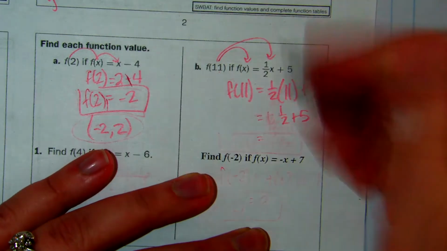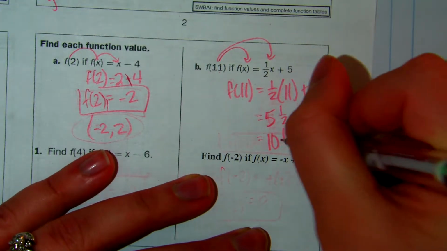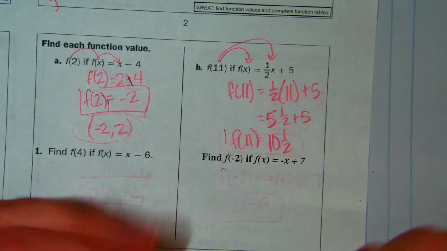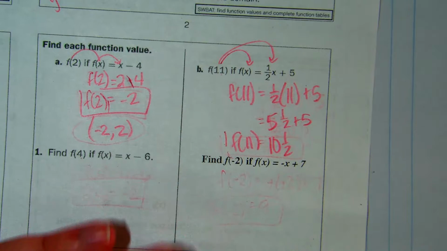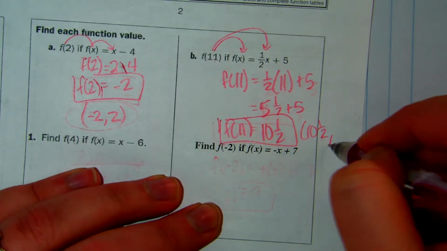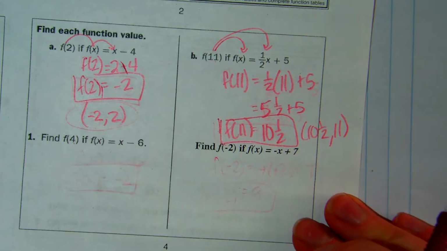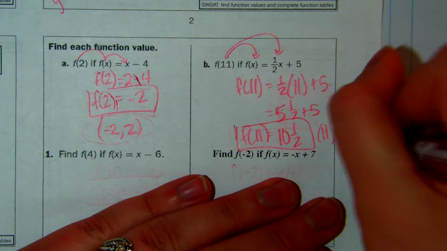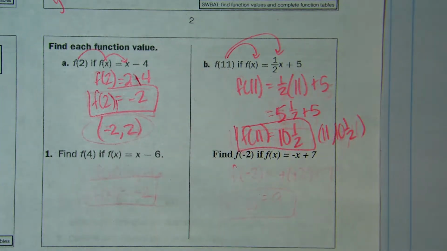Well, that gives us 10.5. So f of 11 is 10.5. So on a graph, if we had to graph these, we would have the ordered pair 11, 10.5. I wrote that backwards. We plugged in 11 for x and got 10.5. There we go. If we had to graph them.